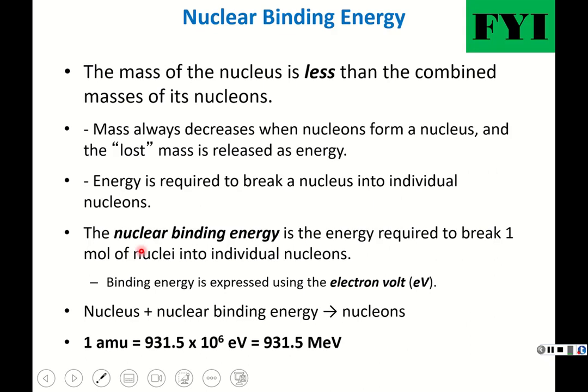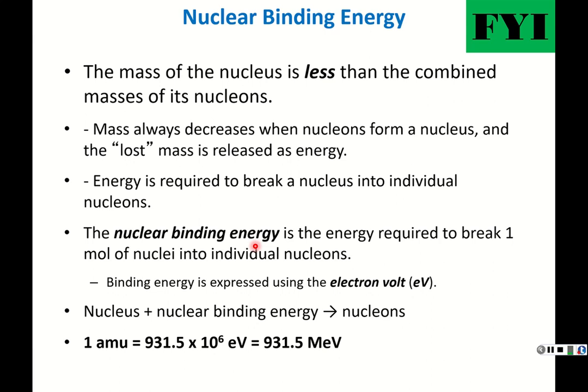This is beyond the scope of the class, but regarding nuclear binding energy, the mass of the nucleus is less than the combined masses of its nucleons. The mass will always decrease when the nucleons form a nucleus, and the lost mass is released as energy. Energy is required to break a nucleus into individual nucleons, and the nuclear binding energy is the energy required to break 1 mole of nuclei into individual nucleons.